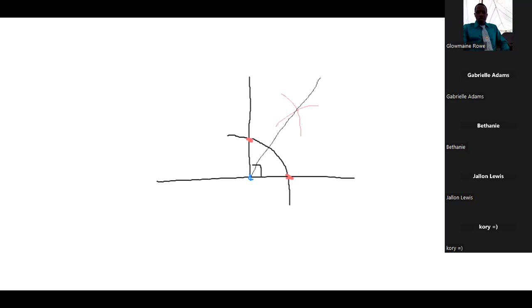So if it's a case where you have, and let's say your origin was here, just by looking at that, what angle is being constructed there?